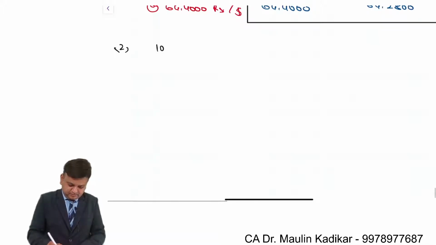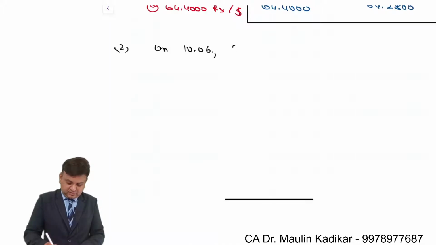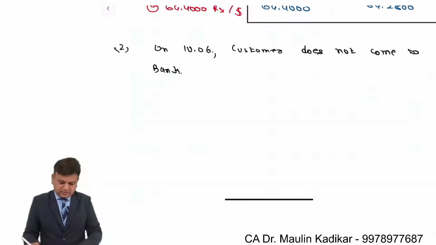Second point: on 10th of June, comma, customer does not come to bank. Full stop.